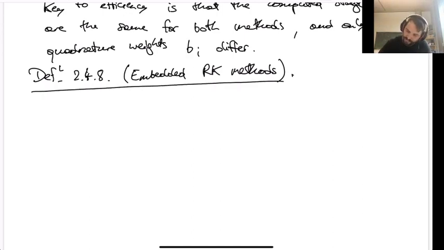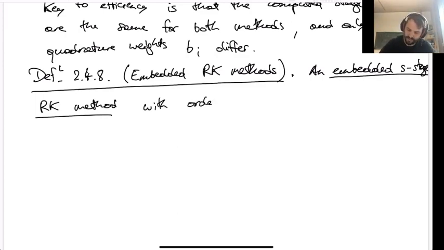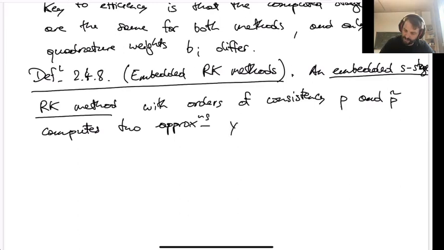An embedded s-stage Runge-Kutta method with orders of consistency p and p tilde, so there are obviously two, we need two methods, computes two approximations, yk and yk tilde of u(tk), with the same function evaluations.